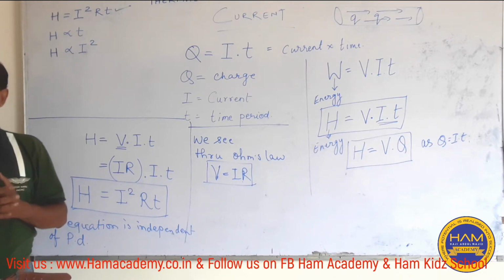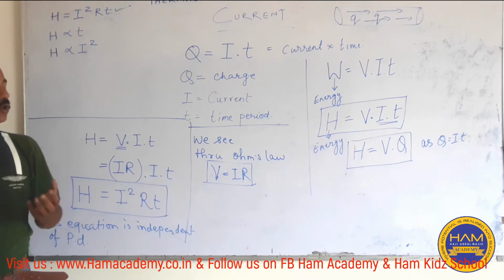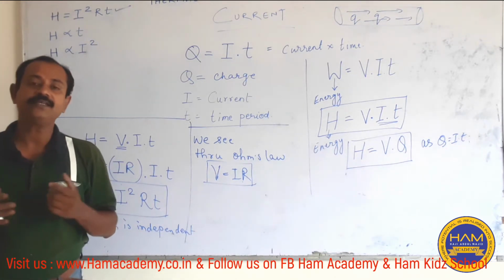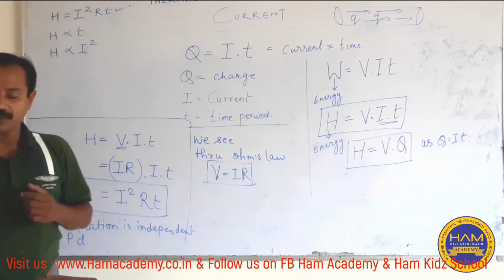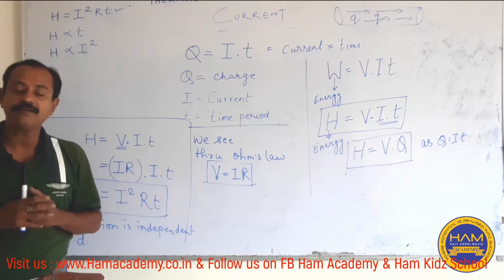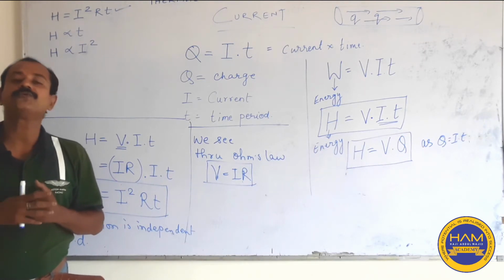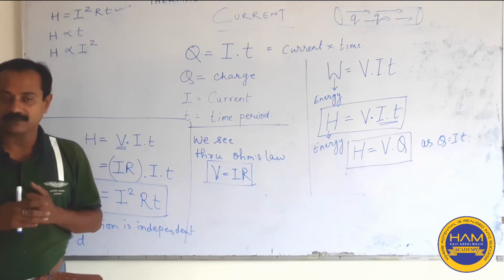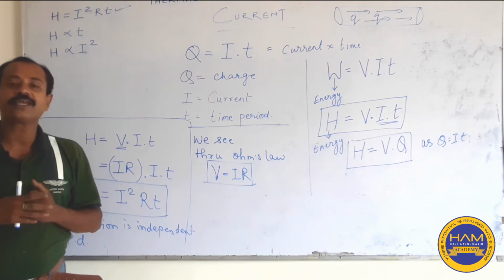That heat is dissipated in the atmosphere and is always doing what? Heating the things. Secondly, the girls especially, you are using the hair straightener and all the things. They are also using the heating effect of electric current. There is an electric heater.